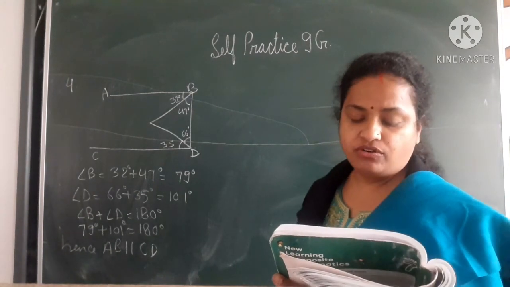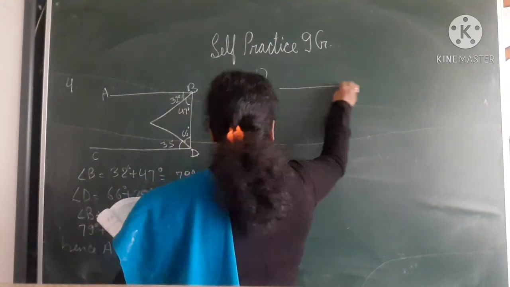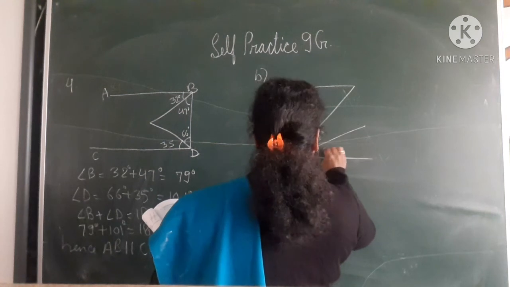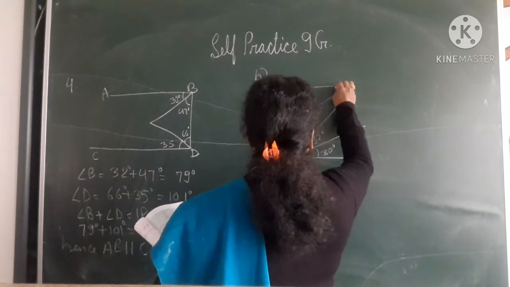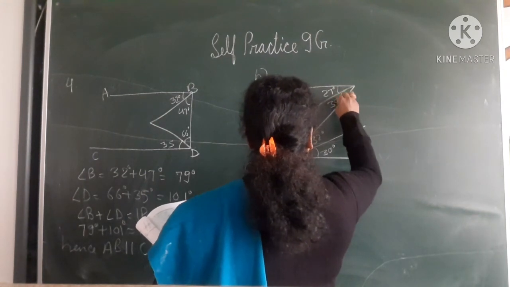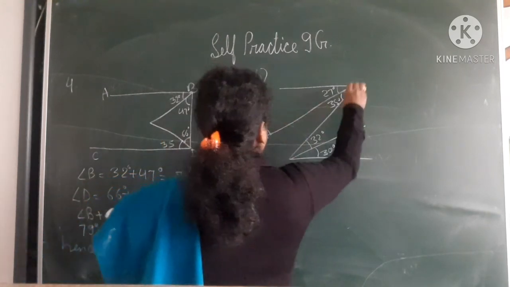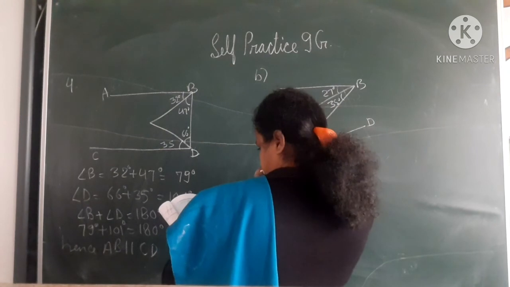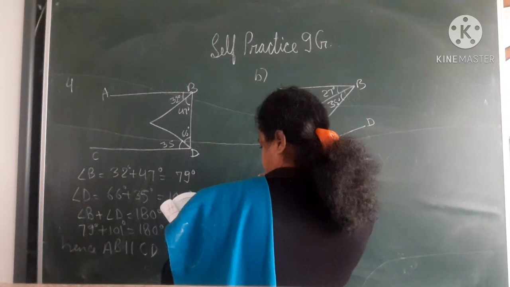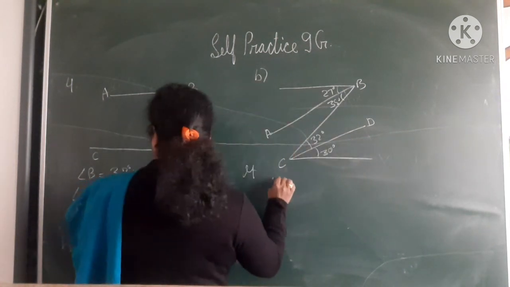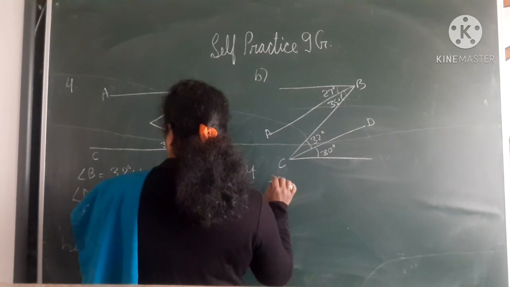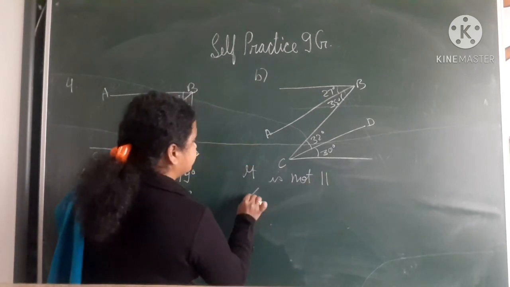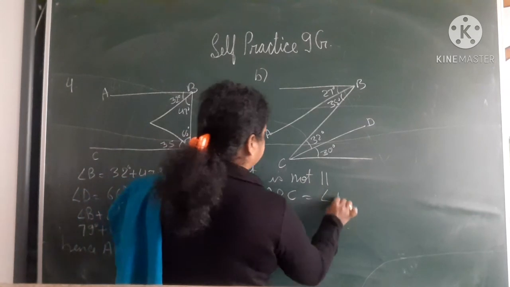Now see the B part of it. C, D. It is not parallel because angle ABC should be equal to angle BCD.